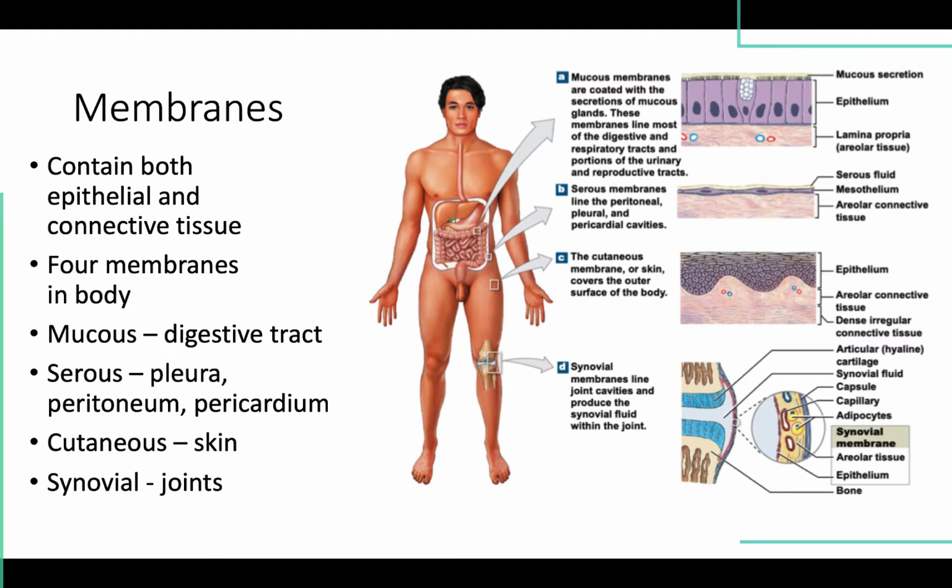And that's what the cutaneous membrane is. And then finally we have the synovial membrane, and the synovial membrane is a membrane that covers joints. It produces a fluid called synovial fluid inside your joints. So you do need to know the 4 different types of membranes: mucous, serous, cutaneous, and synovial.